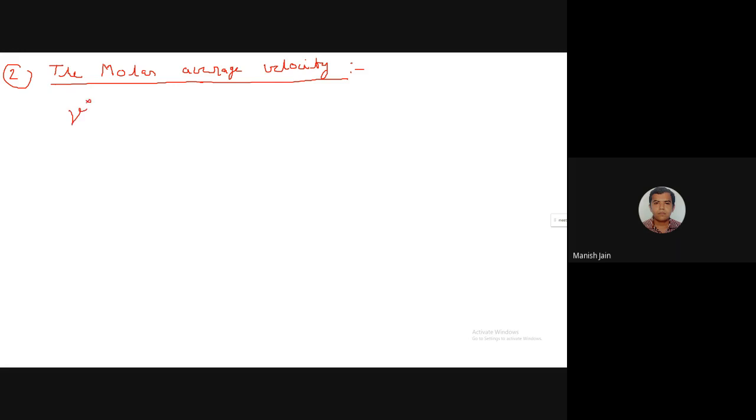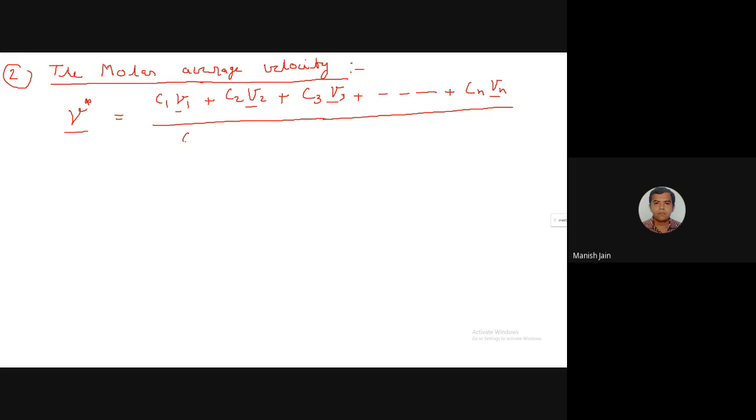The molar average velocity is V star, represented by C1 V1 plus C2 V2 plus C3 V3 up to Cn Vn, divided by C1 plus C2 plus C3 up to Cn. So this is V star.